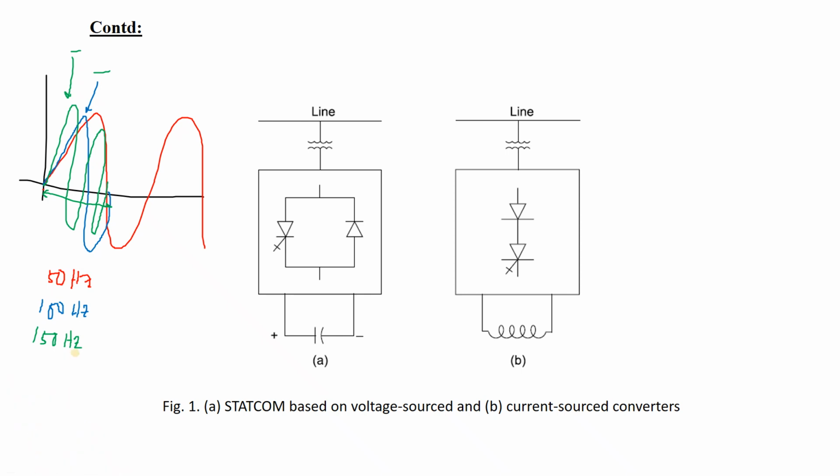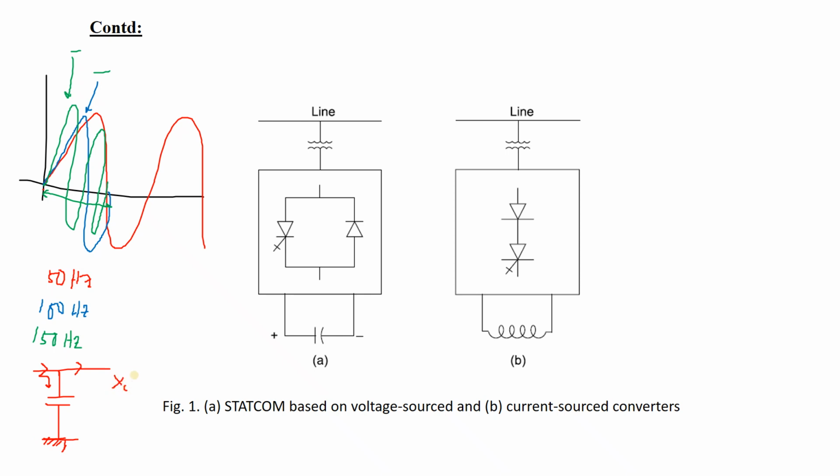Since the harmonics have higher frequencies, if you connect a capacitor in parallel, what will happen? The fundamental frequency will not enter the capacitor, and the higher harmonic frequencies will pass through the capacitor and be grounded. Why?